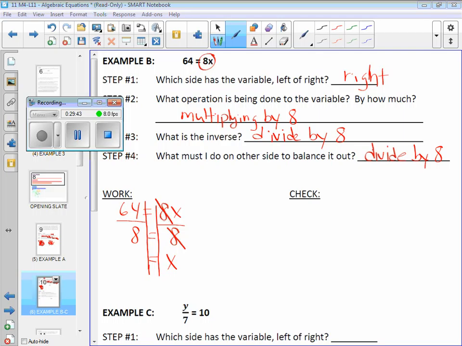But now we got to prove it. What do I write first here? Always the original equation. Now, what am I substituting in for x?